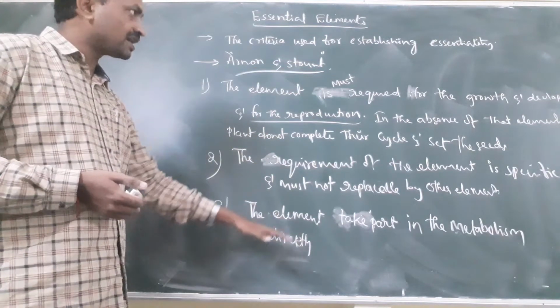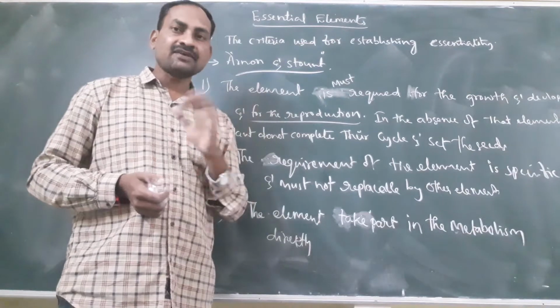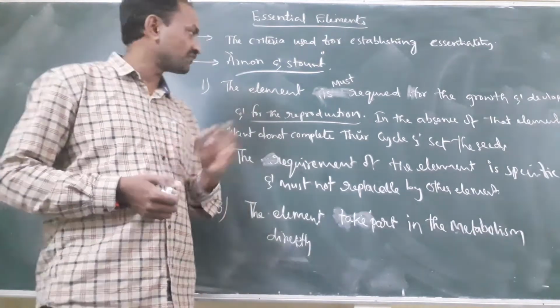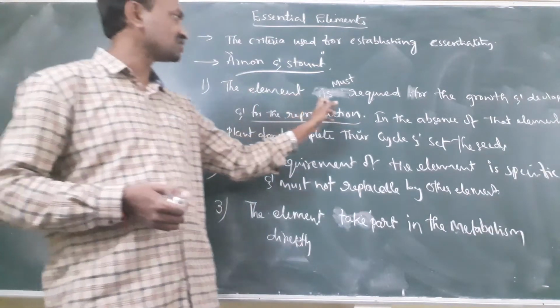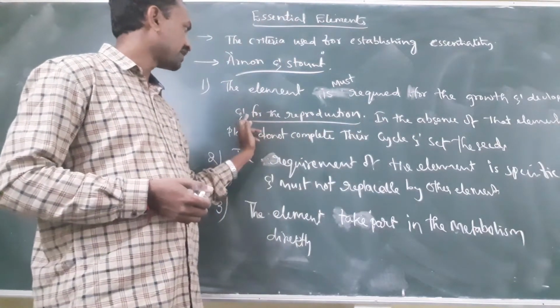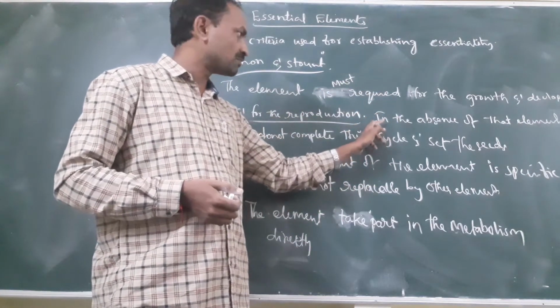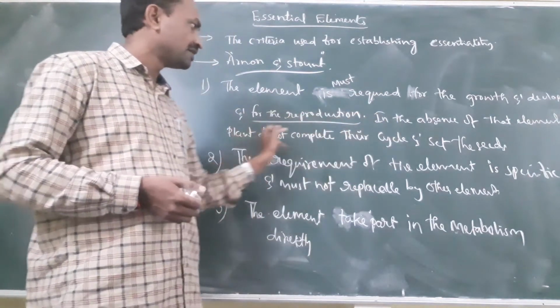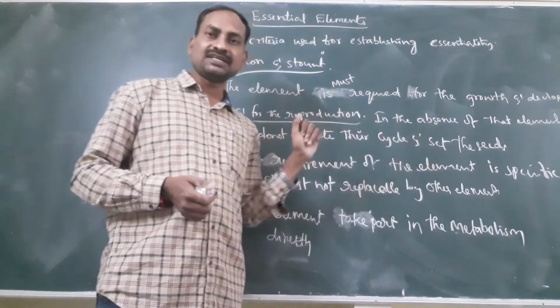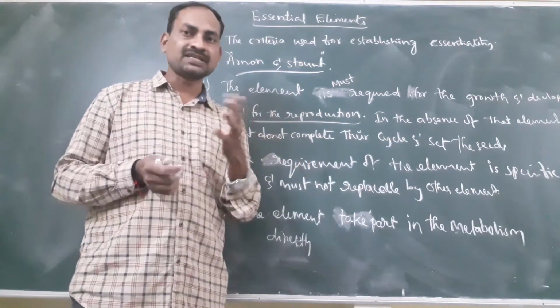These criteria are used for establishing the essentiality of elements nowadays also. The first one: the element must be required for the growth and development of the plant and also for the reproduction. In the absence of that element, the plant does not complete its life cycle and set the seeds, so it does not produce any seeds.